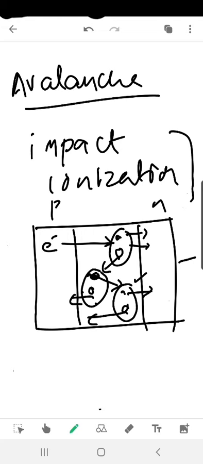This process goes on, and a large number of new carriers will be generated, and this generation of new carriers will result in an increase of current. This is known as the avalanche effect. So this is our avalanche breakdown.